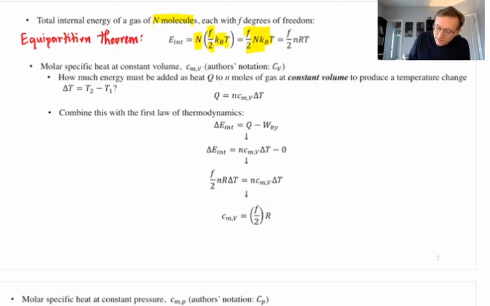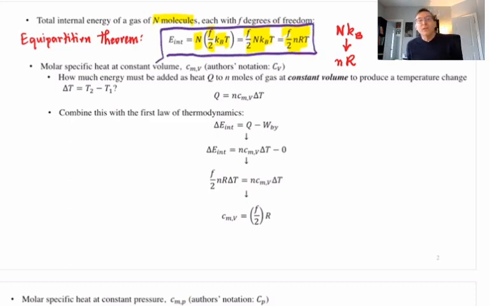Please remember that in terms of counting, if you have that combination, capital N times kB, total number of molecules times Boltzmann's constant, you can replace it with little n, number of moles of the gas, times the gas constant per mole, R. So a perfectly equivalent way to write the total internal energy is F over 2 little n RT, either way. This is a very important and useful relationship for the total internal energy of an ideal gas.